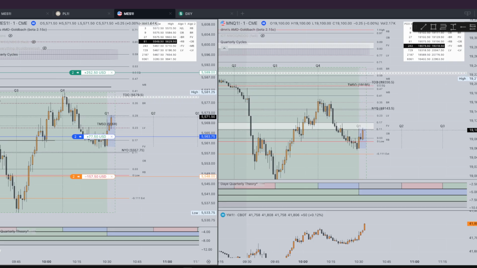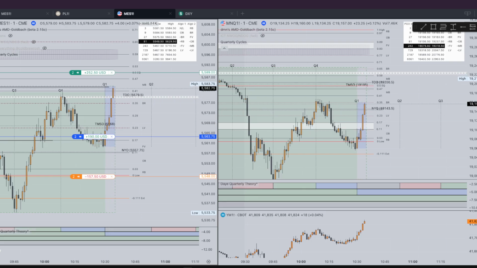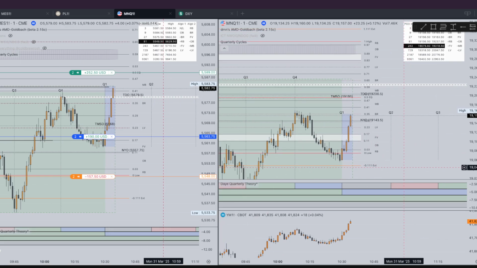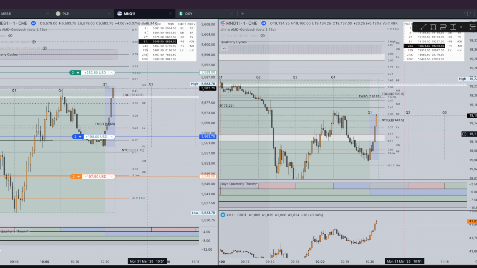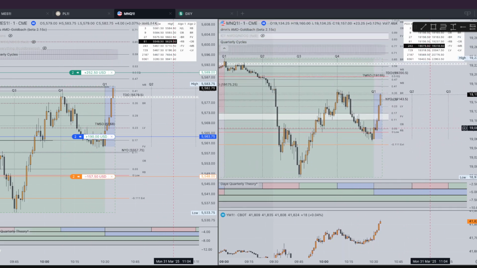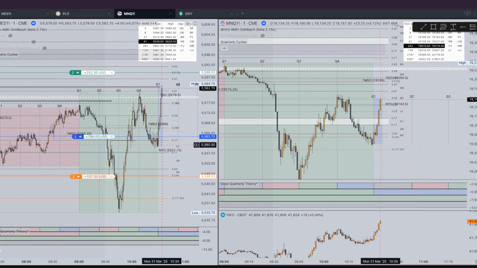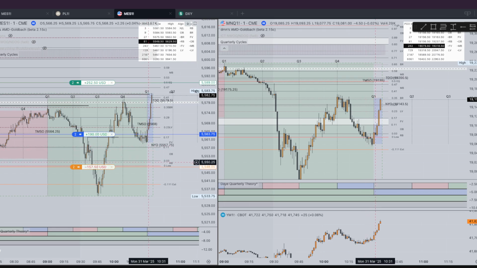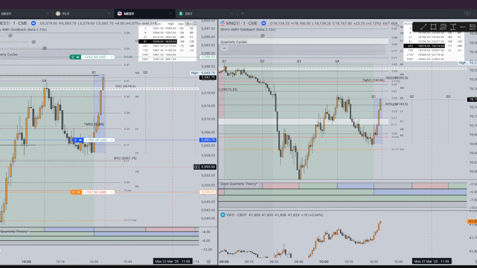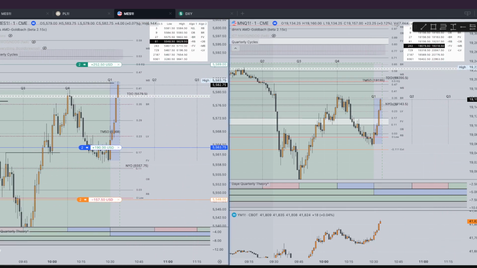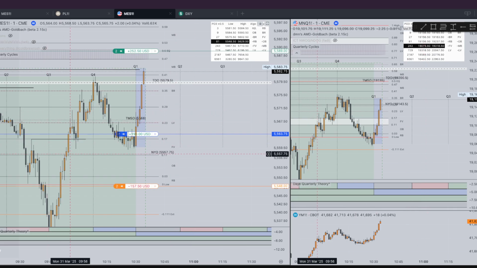Let's see. Okay. So this NQ did not operate on the levels, right? So I think ES, I'm finding that it's kind of following the routine. Let's see if we got any kind of sequential SMT during this time.